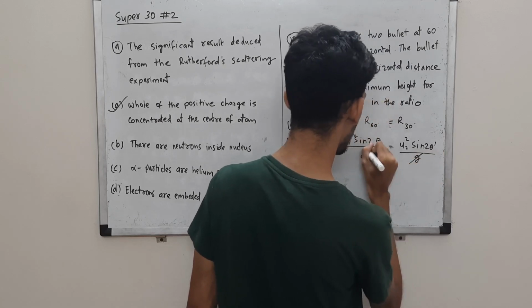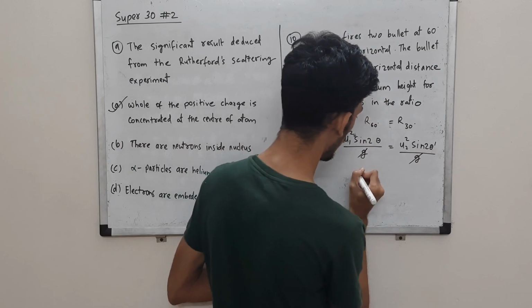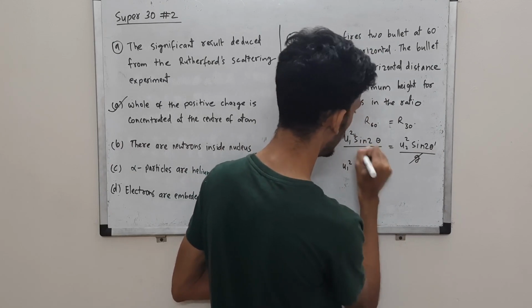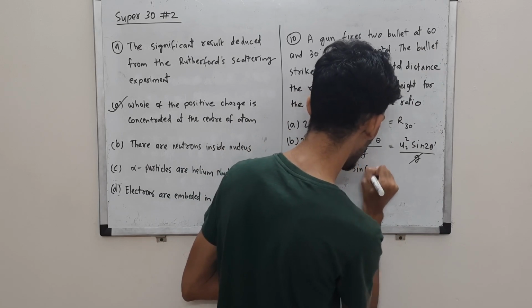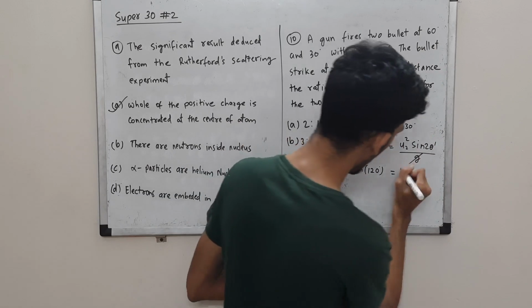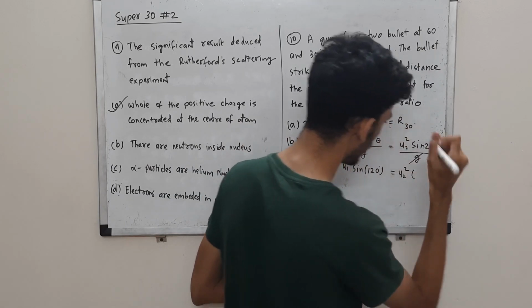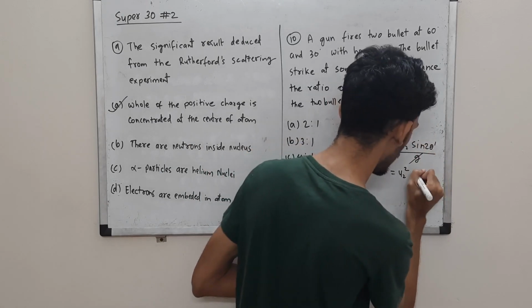So g cancels, and we can get the ratio of u1 square sine 2 theta, sine of 2 times 60, sine of 120, and here you will have u2 square and sine of 30 into 2, so sine of 60.